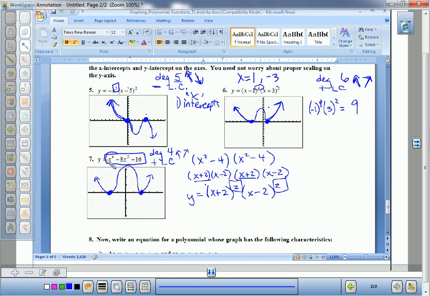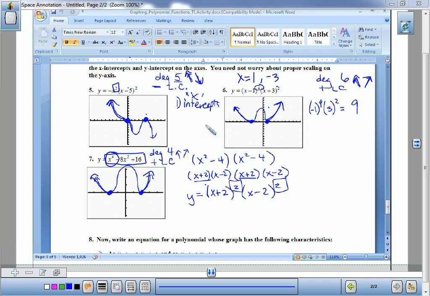We know it's 4th degree from here. We also know it's 4th degree from here because 2 plus 2 is 4. It's positive leading coefficient, so it's going to rise. And because these factors are to even powers, it's tangent at both x-intercepts.